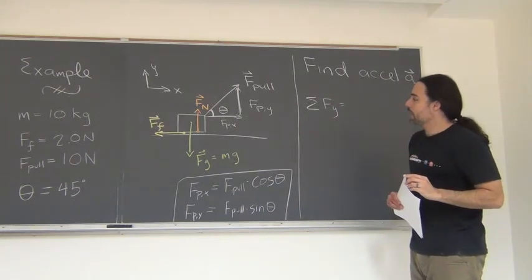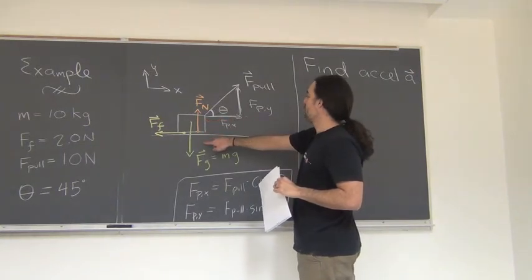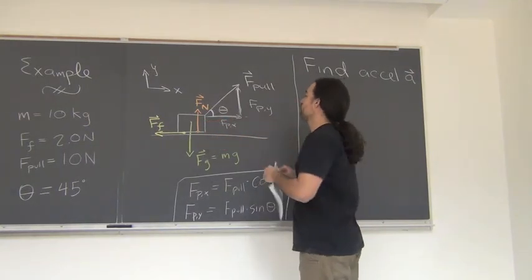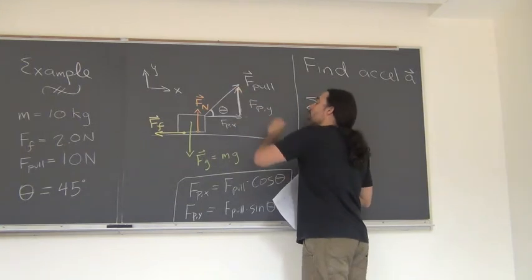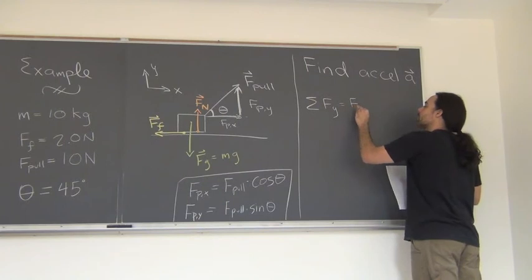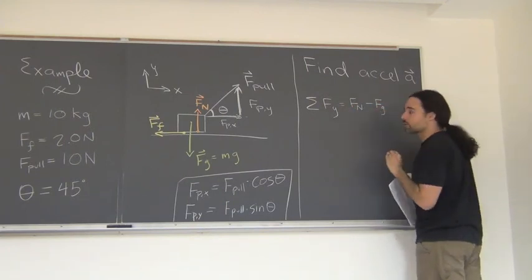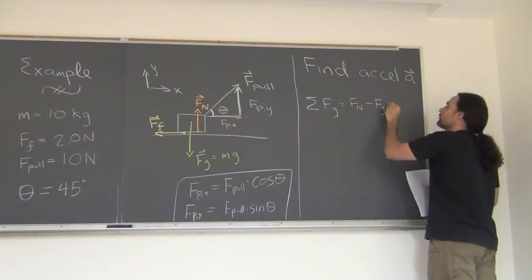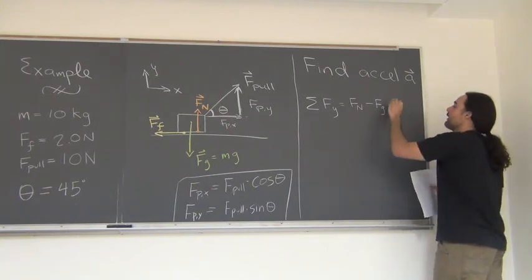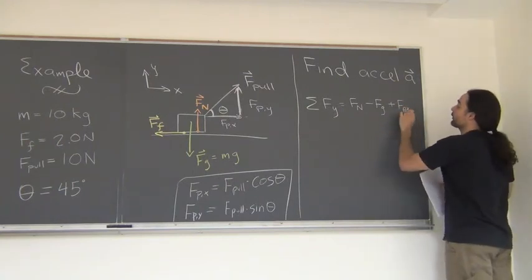Let's see, there is a normal force, there's the force of gravity, and then there is the y component of my pull force. So that would be Fn minus the force of gravity, minus because it's going down, plus Fpy, excuse me.